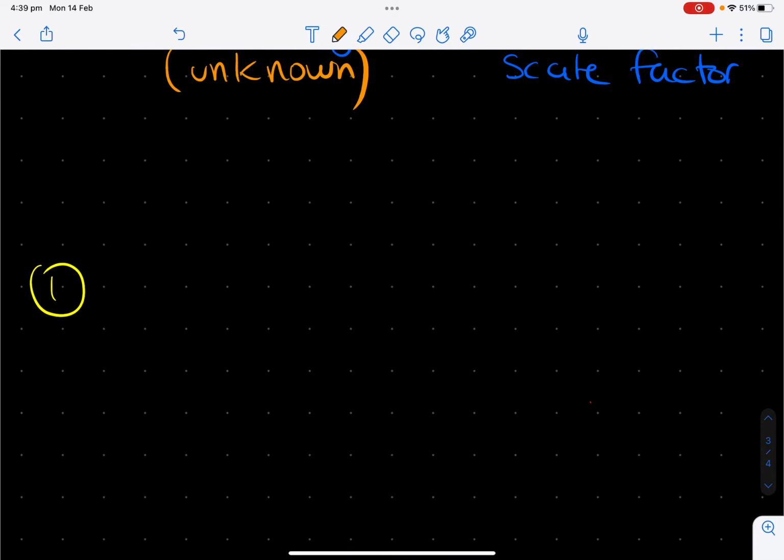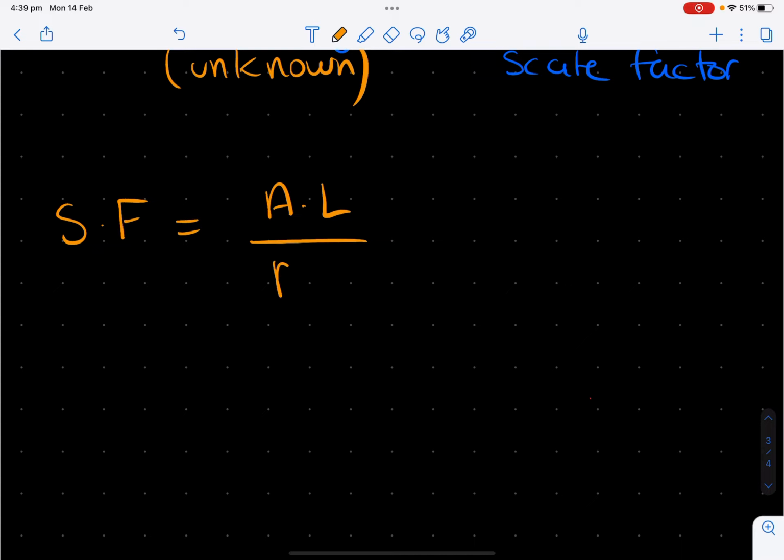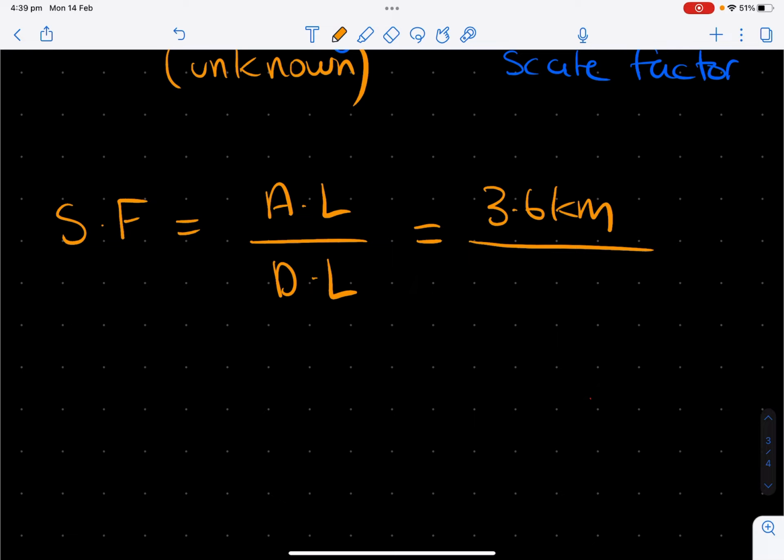I'm going to abbreviate this equation by saying scale factor equals actual length divided by drawn length. So that's what this stands for. We know that the actual length of Uluru is 3.6 kilometers and that the drawn length is 36 centimeters.